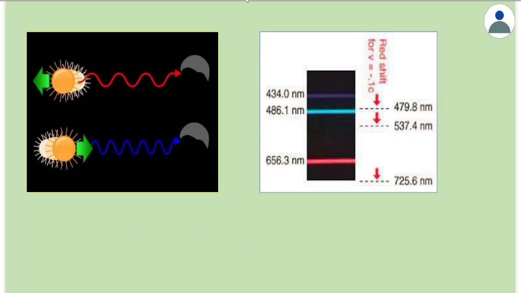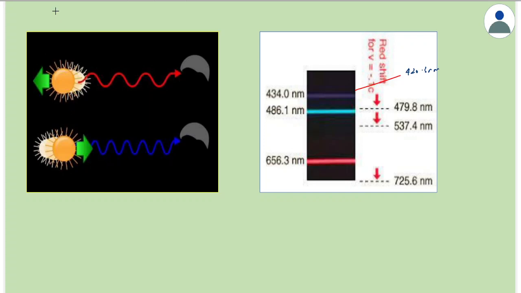Similarly, if the object is coming towards the observer, then what we get will be a lesser wavelength. For example, for 434.0 nanometer, we may get, say, 420.3 nanometer. Rough example. Again, don't buy these values. These numbers are given just to help you understand how things work.